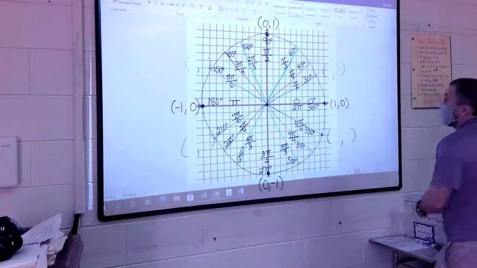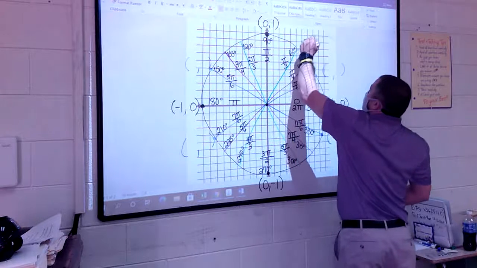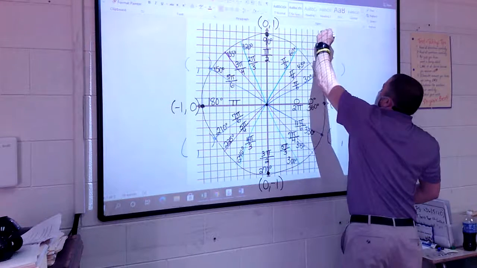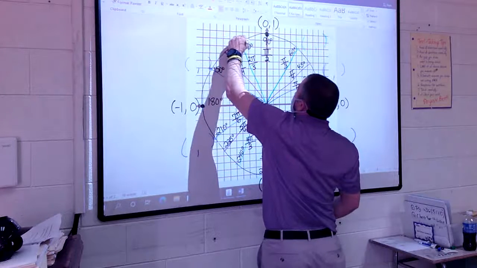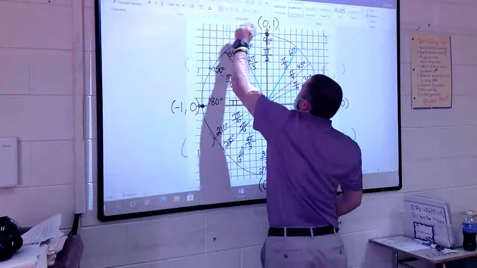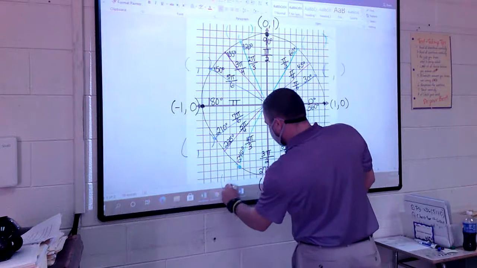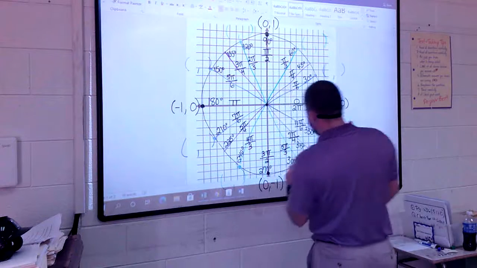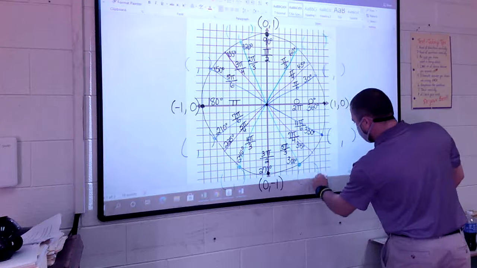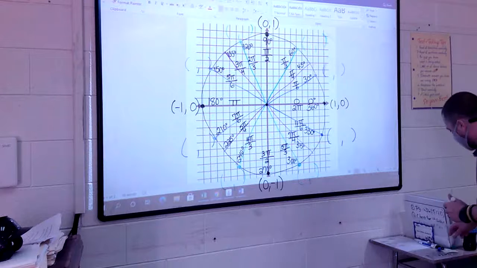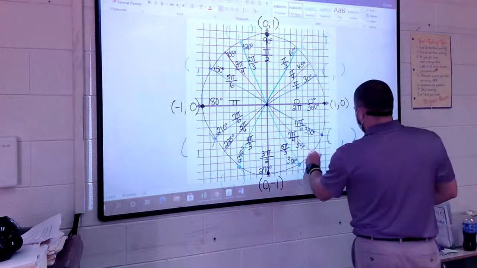Okay, you can do the same thing with these green ones. And then lastly, I'm going to do the same thing with these purples real quick.